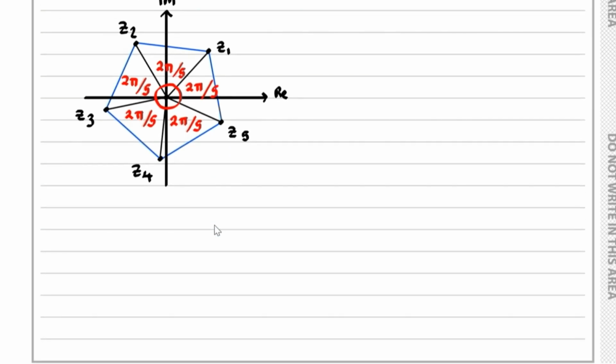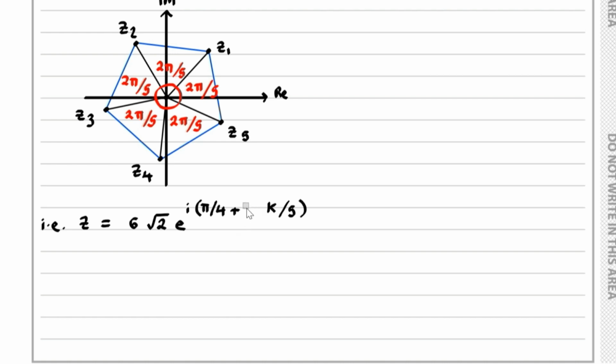So if that's the case, what we need to do is add on from z1 multiples of 2 pi over 5. So we've got z equals 6 root 2 e to the power of i lots of pi over 4 plus 2 pi k over 5.